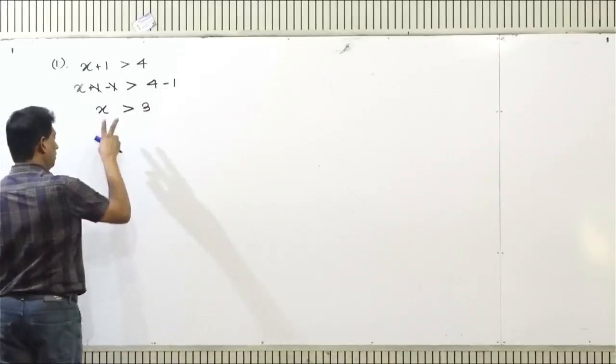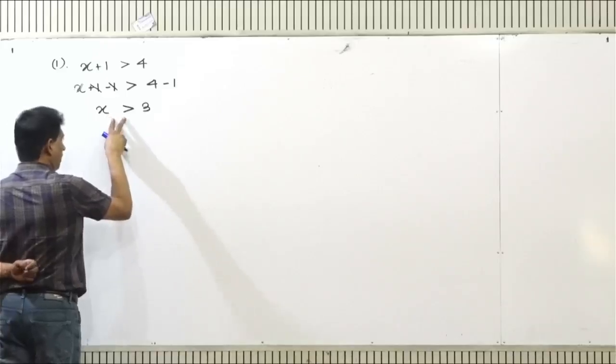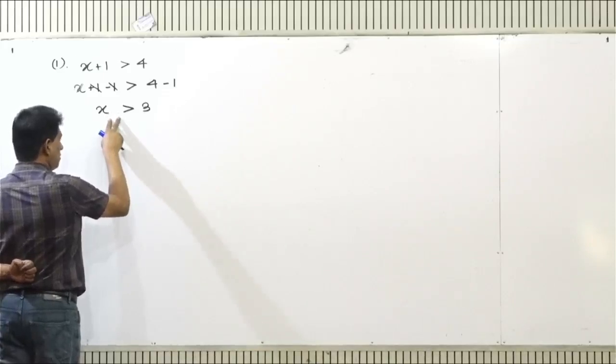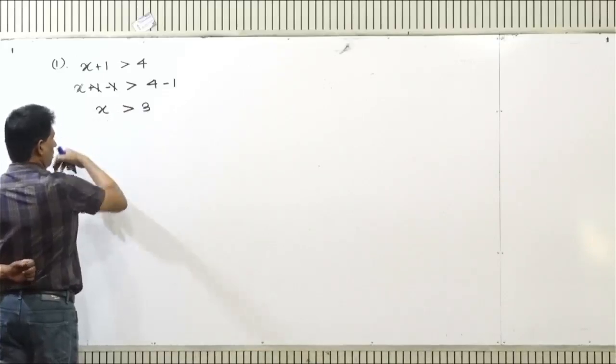Now we have to get an idea about this solution. How can we read this? x is greater than 3.